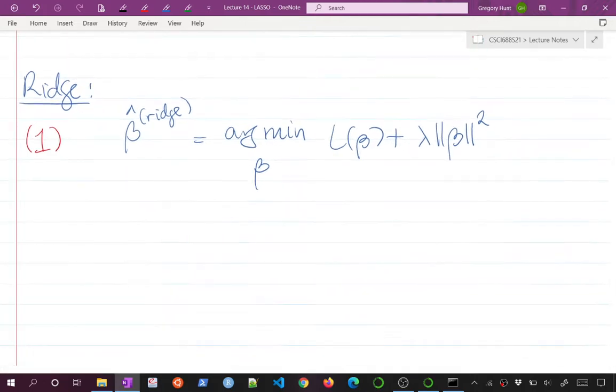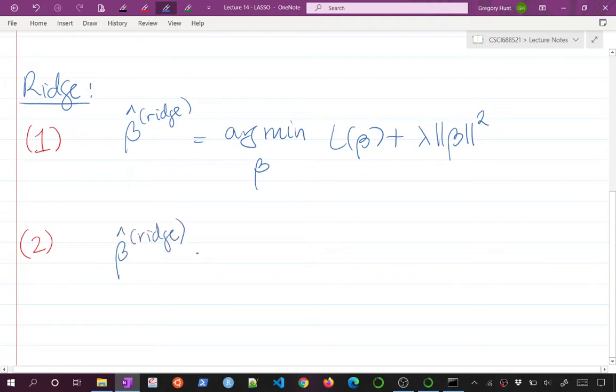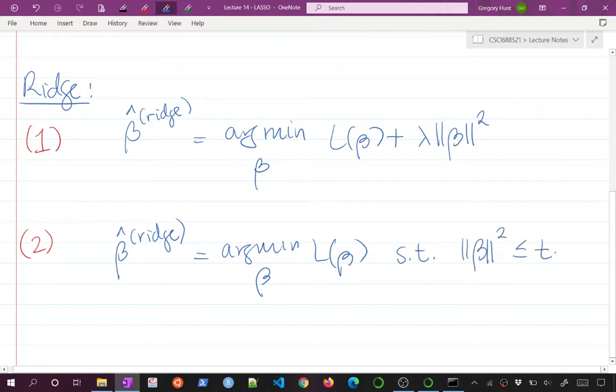The second way that we had formulated ridge, an equivalent way, basically using some third semester calculus, was that ridge regression, you could look at it as minimizing our familiar squared error loss function, subject to a constraint that the norm of beta squared was less than or equal to some threshold value.